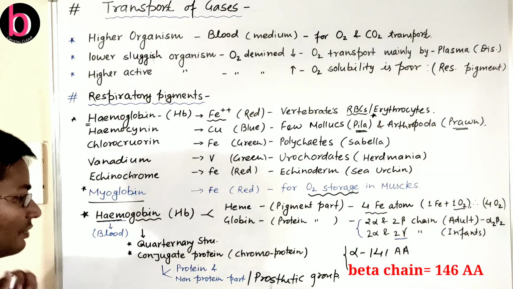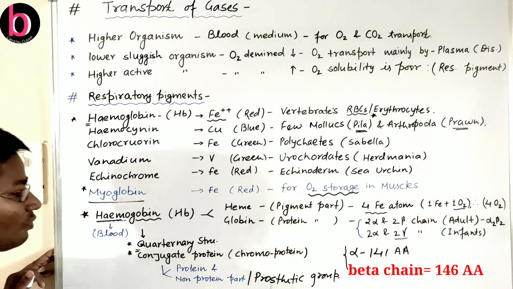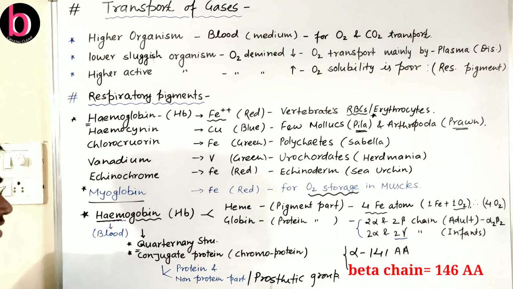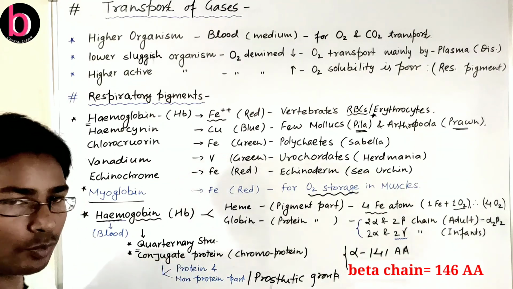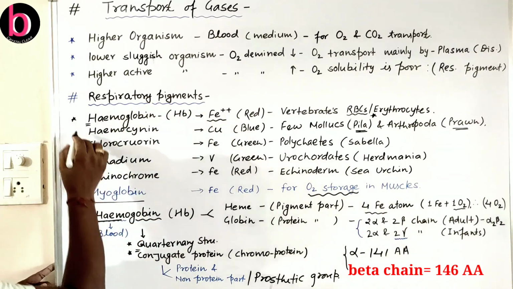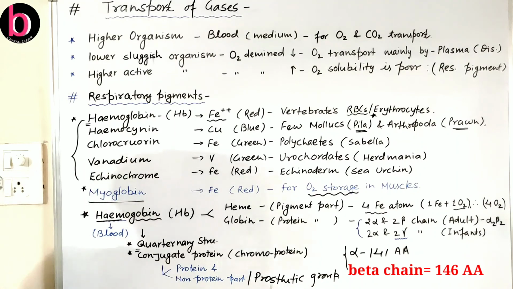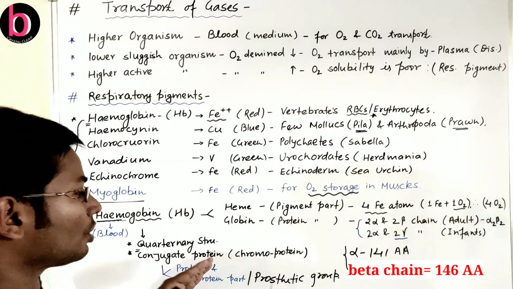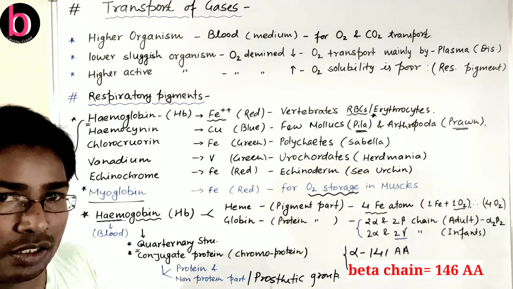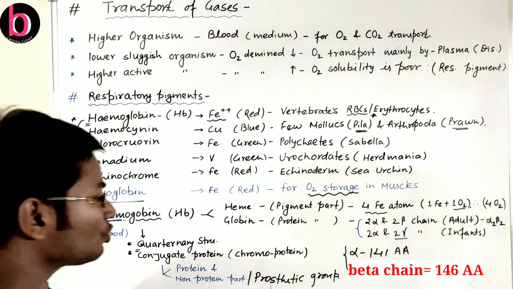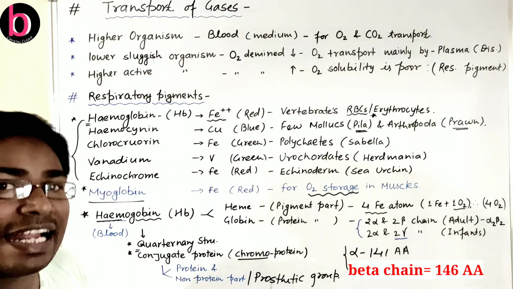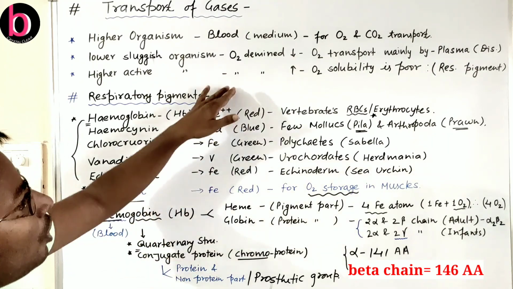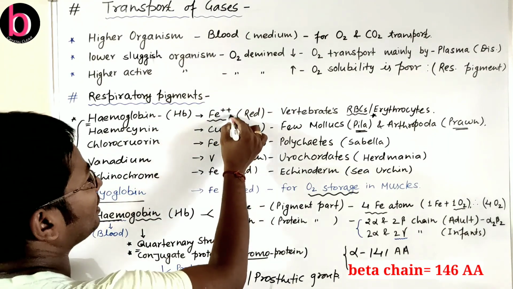Now one more thing that is very important. Hemoglobin is a type of protein. Earlier we discussed this is a conjugate protein. So all these given here are actually conjugate chromoproteins. What are chromoproteins? Chromo is for color, that is, proteins that have a specific color.